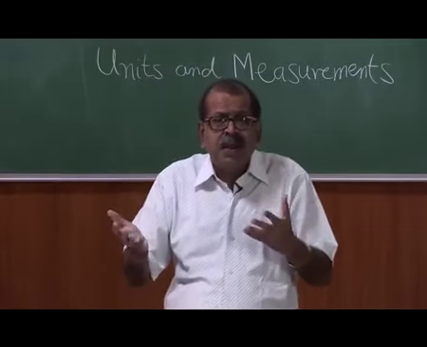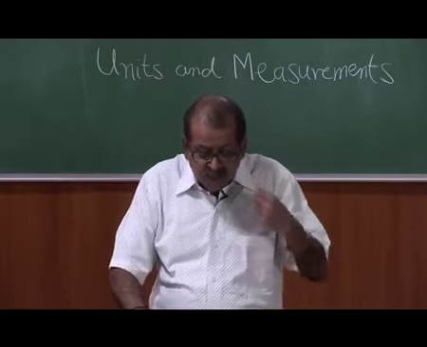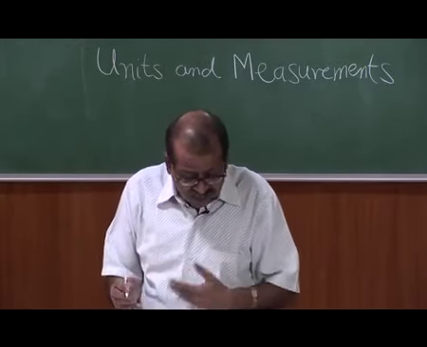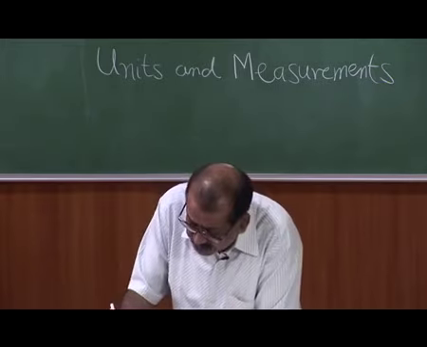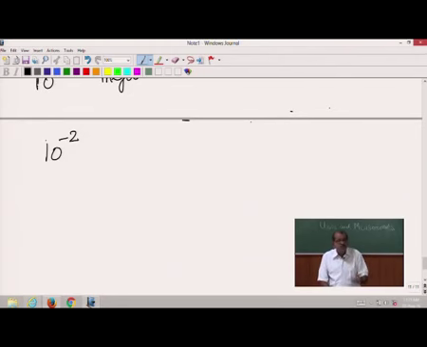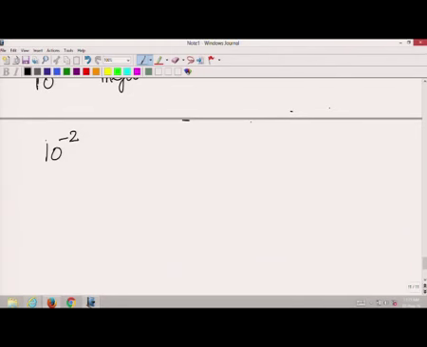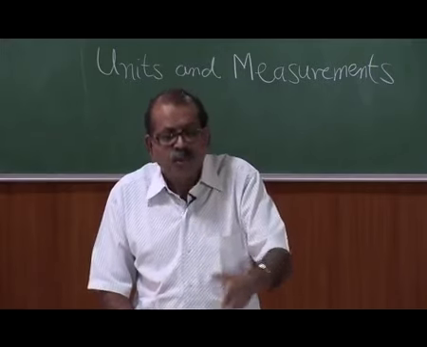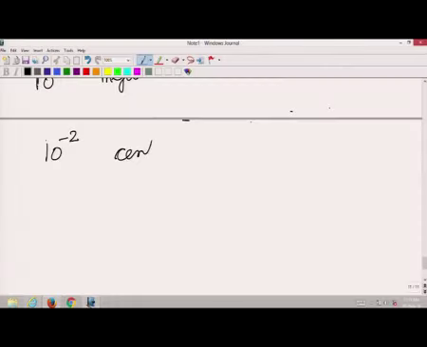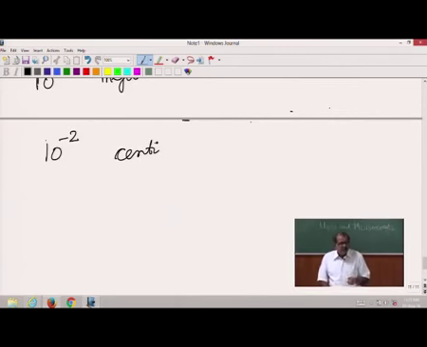Just as we magnify, sometimes we may be dividing things into smaller units, and then we have another set of prefixes. So, for example, when we multiply something by 10 to the power of minus 2, which means we are dividing by a factor of 100, 10 to the power of 2, which is 100, then the prefix which we use is centi, and we are very familiar with this in terms of lengths.